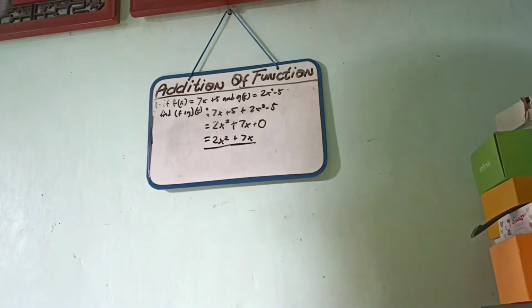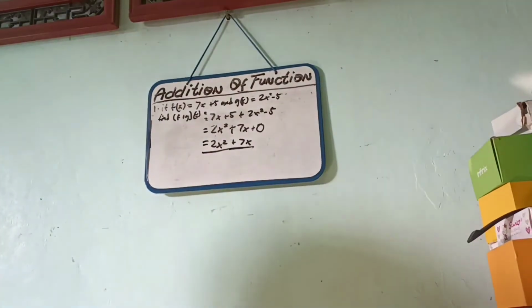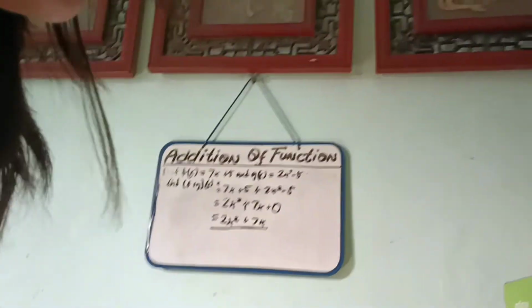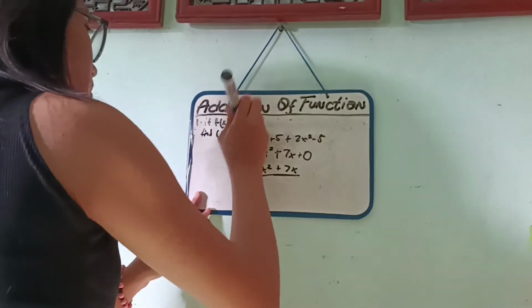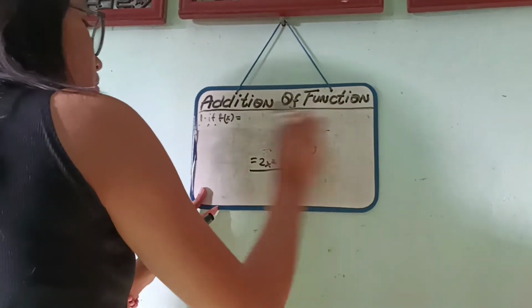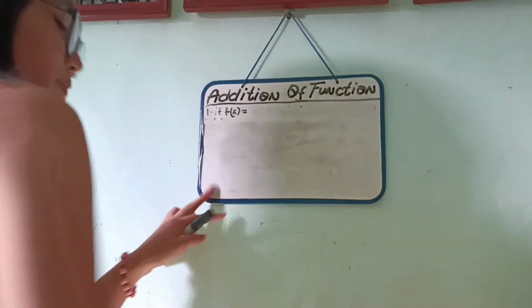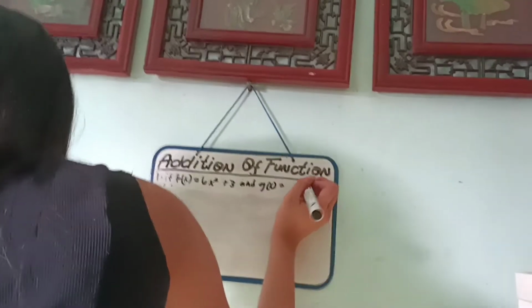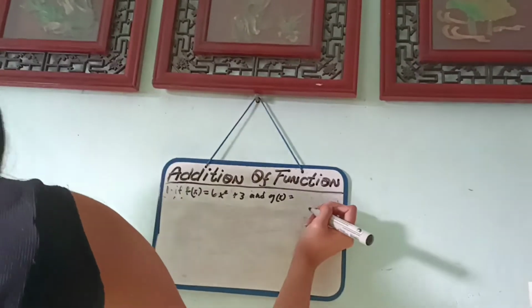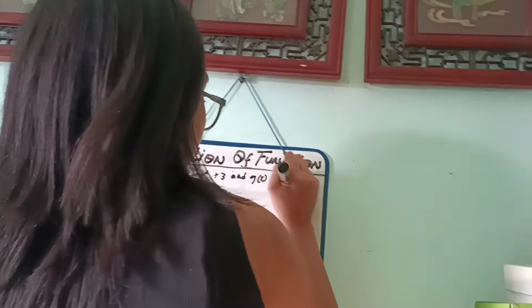Given number 2 naman. Pause it. And g of x is equal to 4x plus 2.